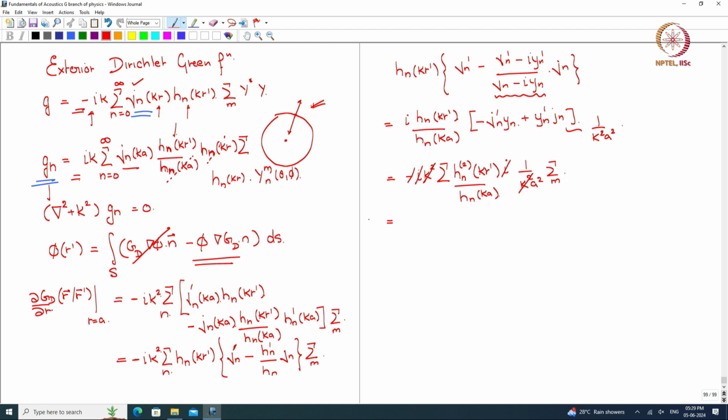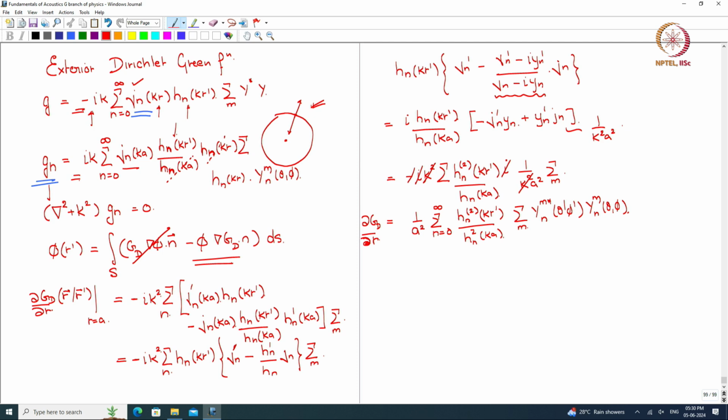So I am left with del G_d del r equal to 1 over a square summation n goes from 0 to infinity h n of k r dash by h n of k a, and this sum over m Y m n star theta dash phi dash Y m n theta comma phi.